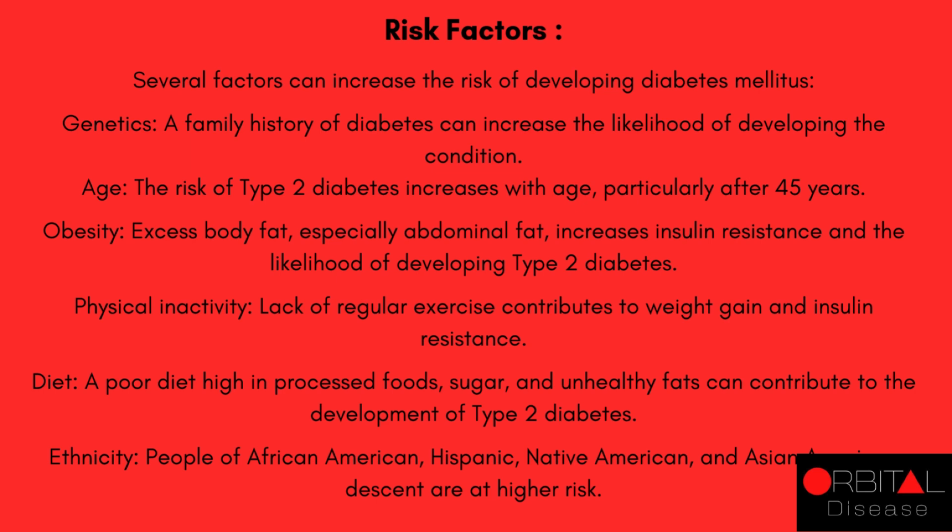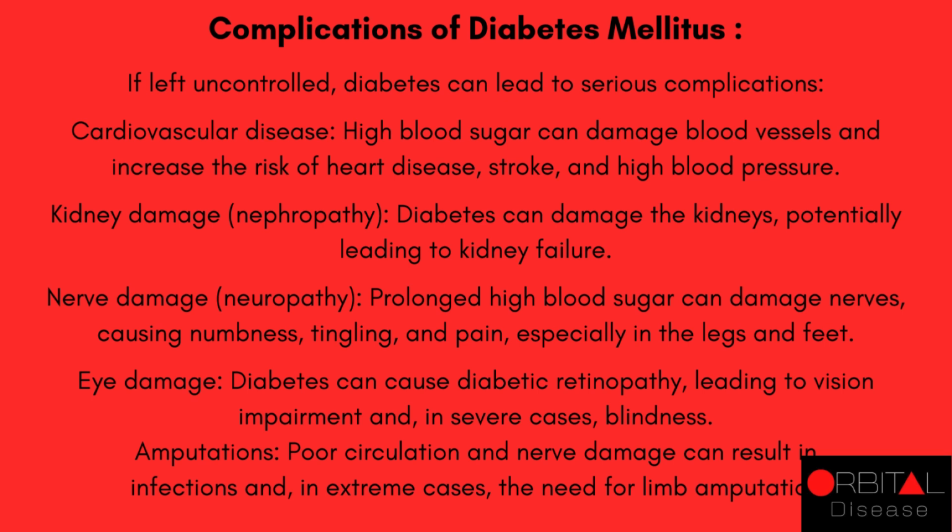Physical inactivity. Lack of regular exercise contributes to weight gain and insulin resistance. Diet. A poor diet high in processed foods, sugar, and unhealthy fats can contribute to the development of type 2 diabetes. Ethnicity. People of African American, Hispanic, Native American, and Asian American descent are at higher risk.